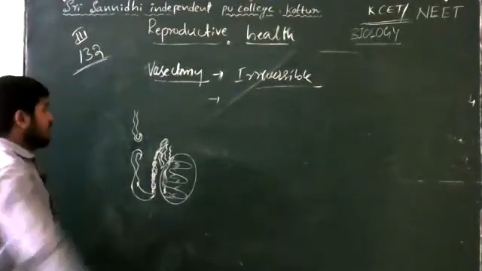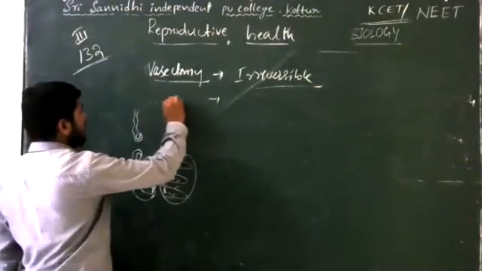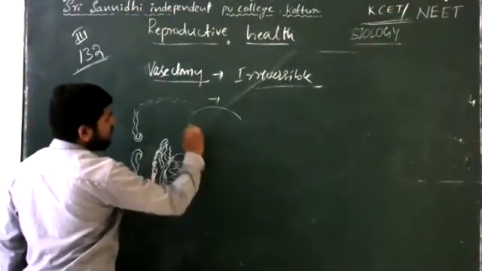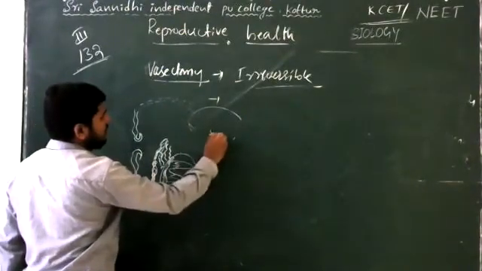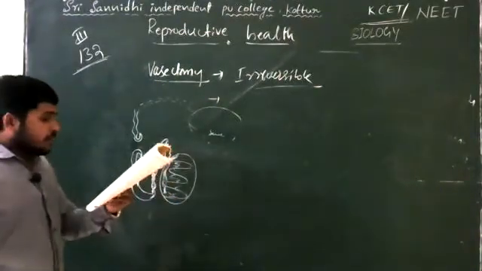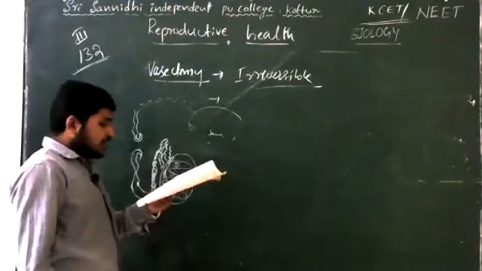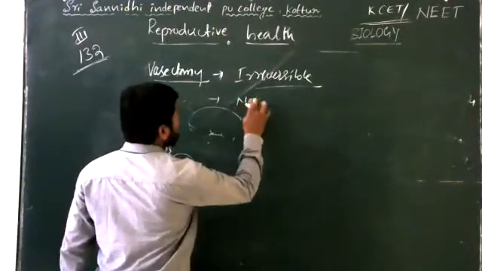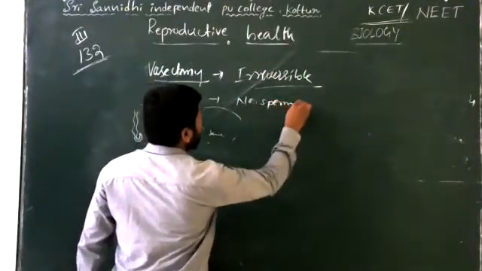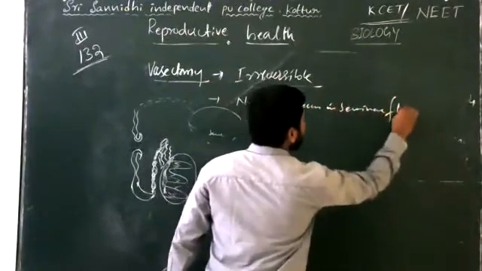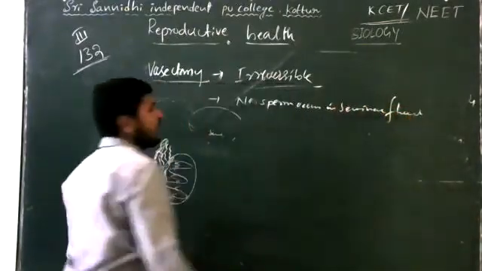Remember, epididymis to the vas deferens. Where remember, here seminal plasma contains semen, where there is a release of the semen. But no sperm occurs in the seminal fluid. This is correct. Why?